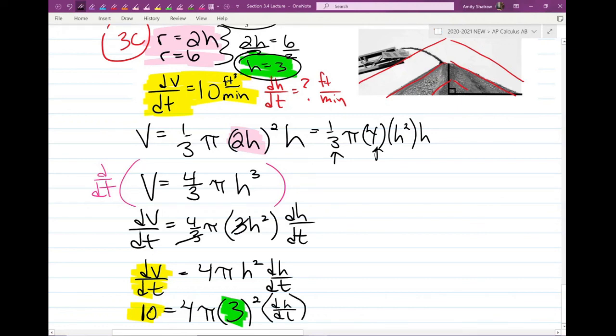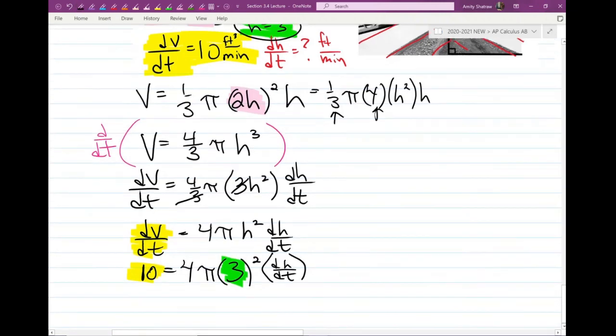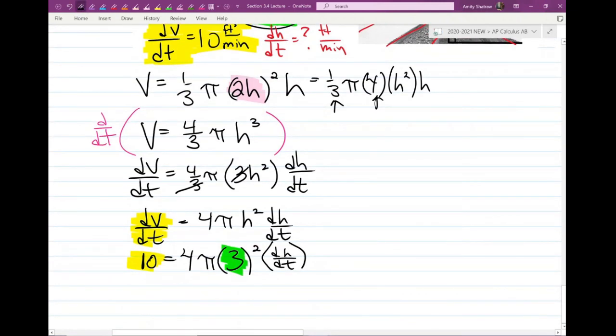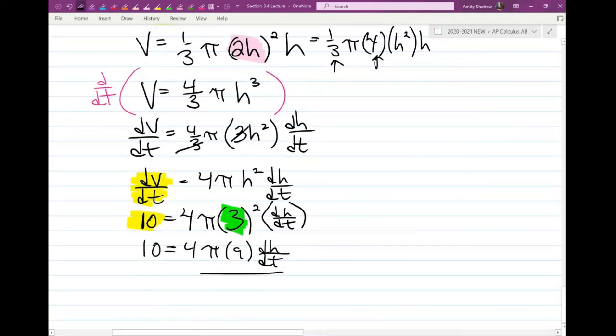And it's the only unknown that I have now. So I'll finish this off by saying that 10 equals 4 pi times 9 dh dt, and I can divide by that. So dividing by 4 pi times 9, well, 4 times 9 is 36, so I'm dividing by 36 pi, and that's something I can reduce.